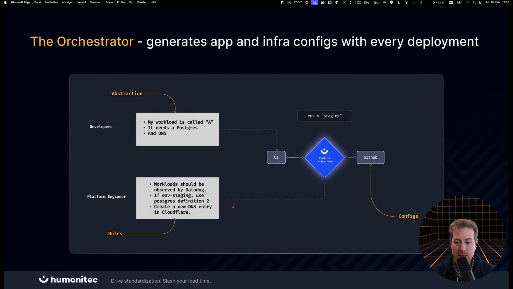Yeah, and there can be a lot of rules as well, like, hey, all of the workloads in staging should be observed by my observability system. So please inject the sidecars, configure the access without the developer needing to think about it or get it right. Because that's where developers, at least in the higher stages, usually fail.